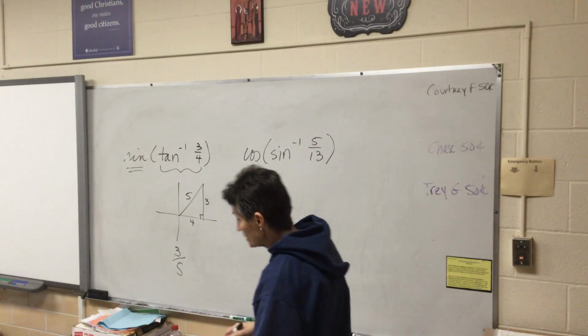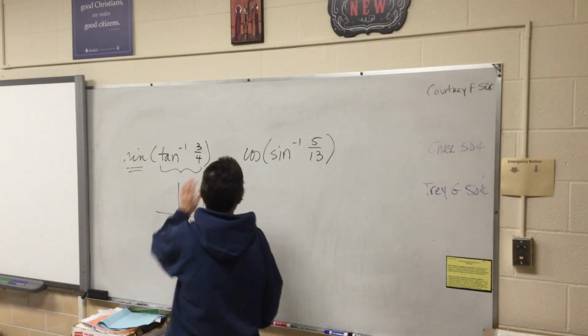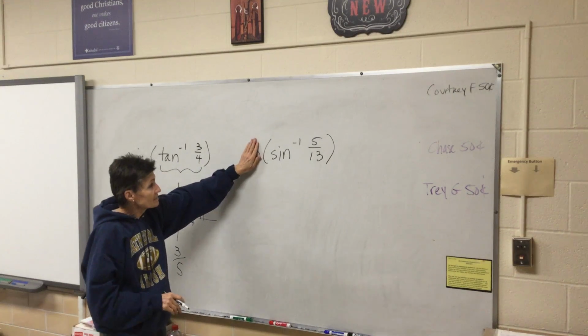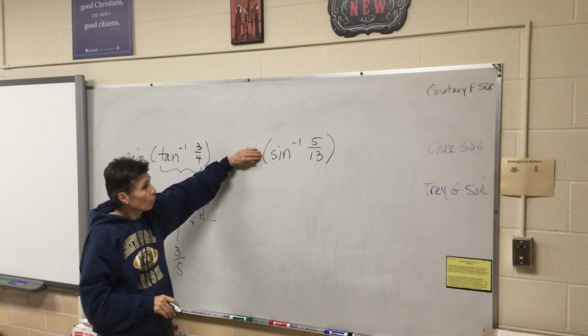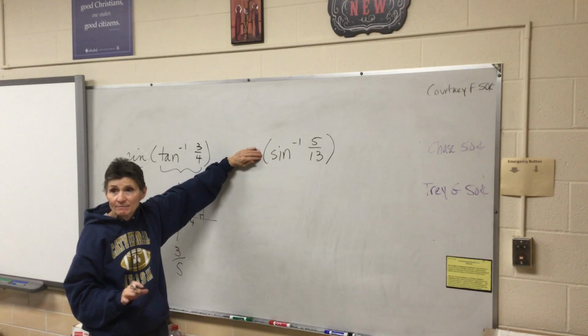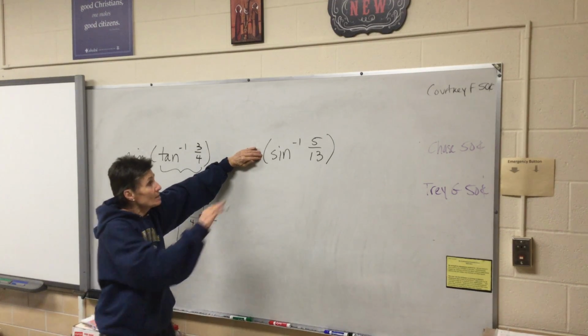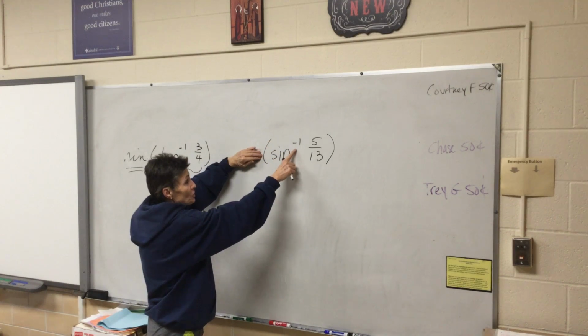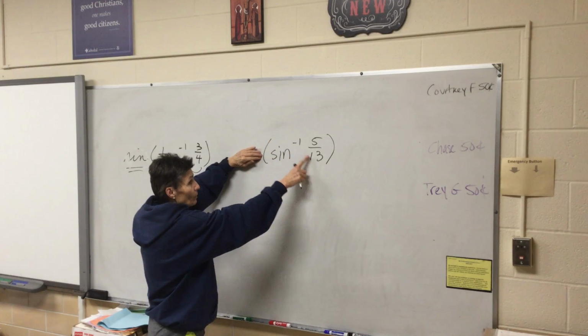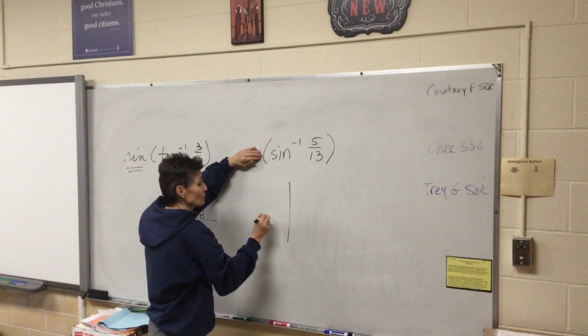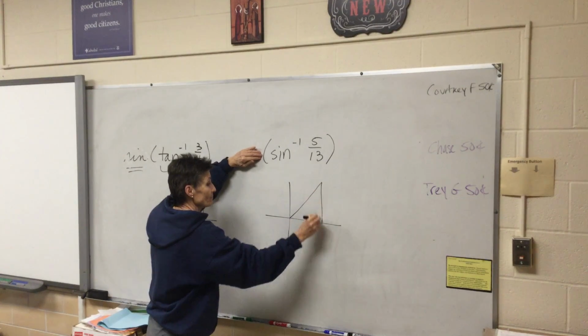Now this is very, very similar. Do the parentheses first. So, just ignore that cosine out there. That makes it confusing. We're focusing on the parentheses. So when I see this notation, I'm going to draw a triangle. When I see that's a positive number, I'm going to draw it in quadrant 1.